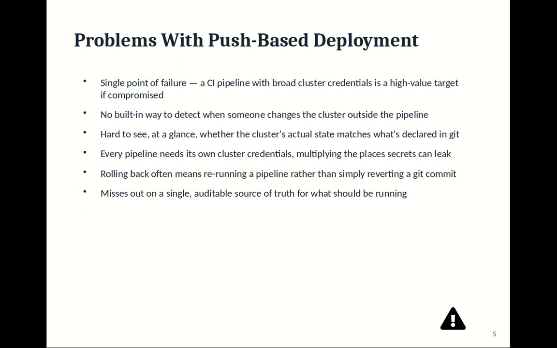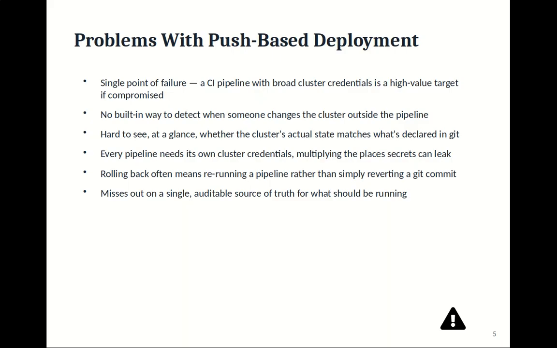Problems with push-based deployment. Single point of failure. A CI pipeline with broad cluster credentials is a high-value target if compromised. No built-in way to detect when someone changes the cluster outside the pipeline. Hard to see at a glance whether the cluster's actual state matches what's declared in Git.